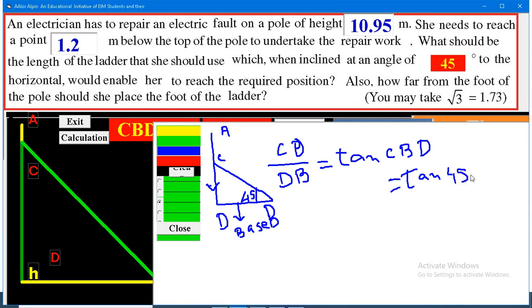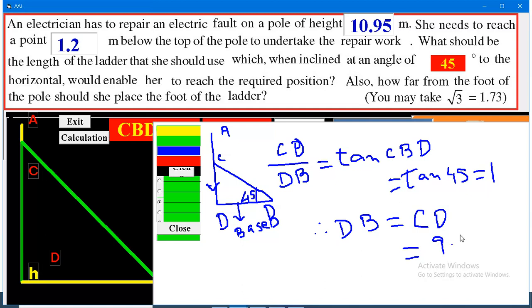Tan 45 is 1. So in this case, DB is same as CD, that will be 9.75. Correct? Any difficulty?